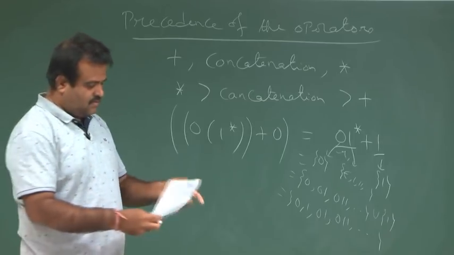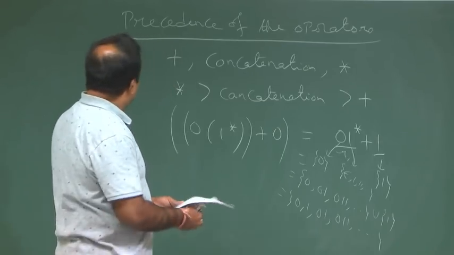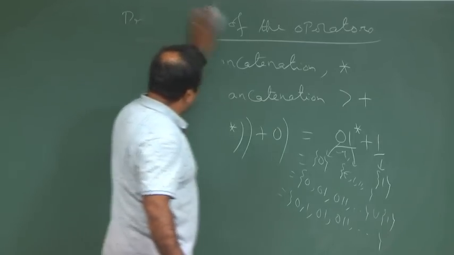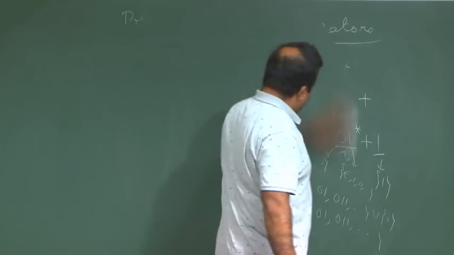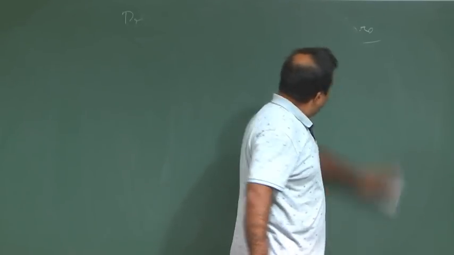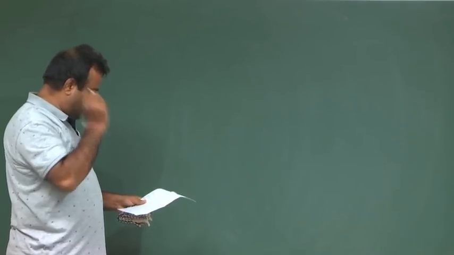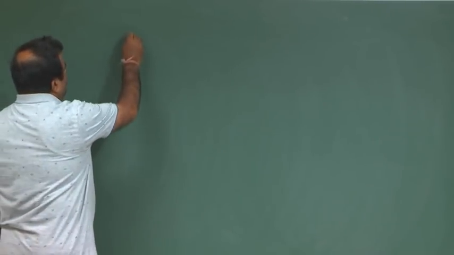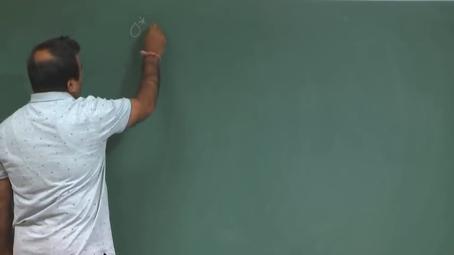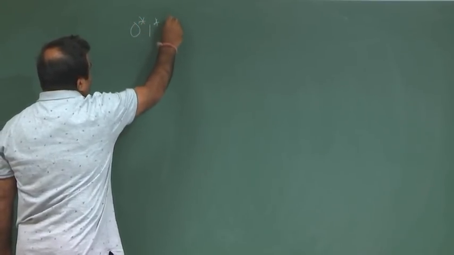So, we can have some more examples before we go to the algebra of this operator. Okay, we know this is 1 star 0 0 star 1 star 2 star.